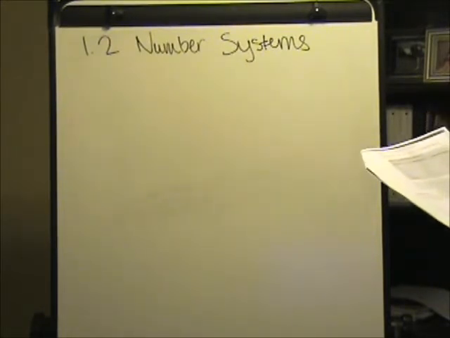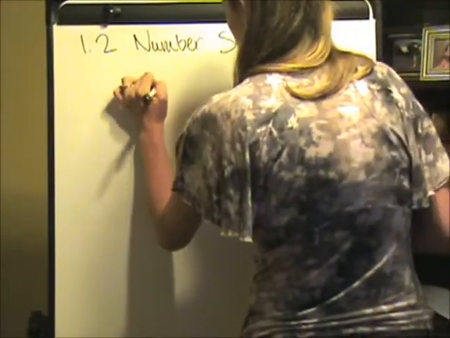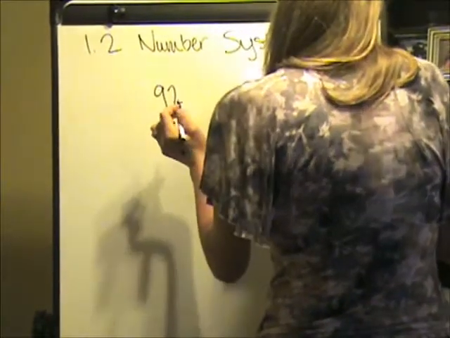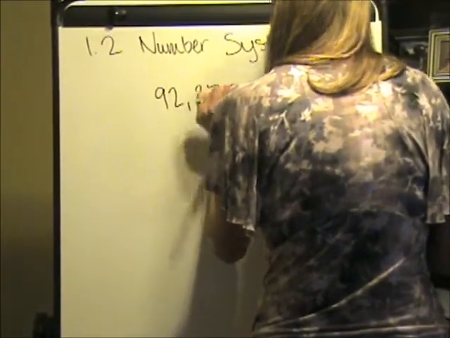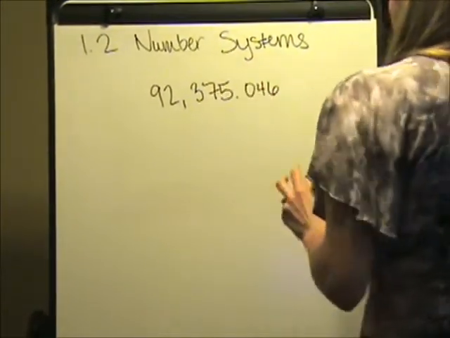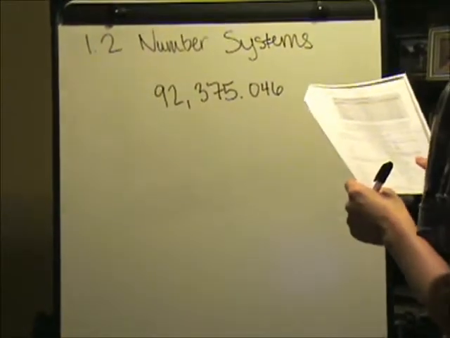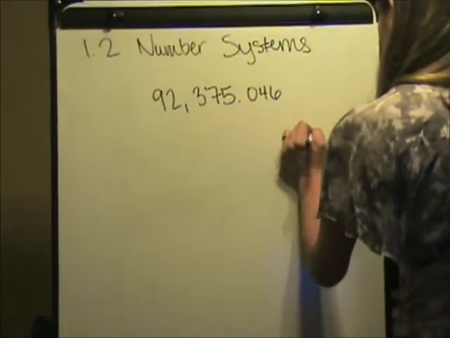Using the following number, list the quantity of each numeral in the named places. So the number we're looking at is 92,375.046.